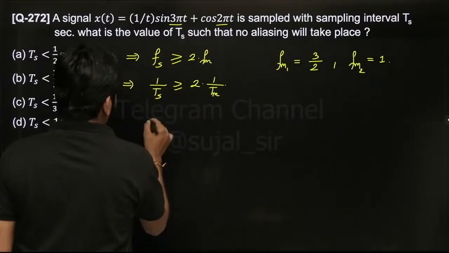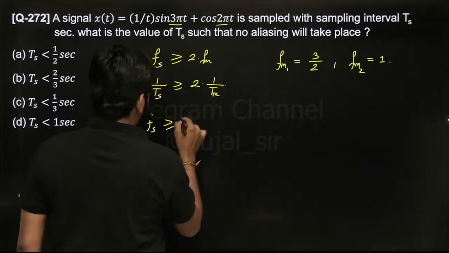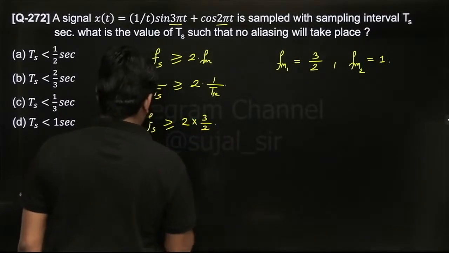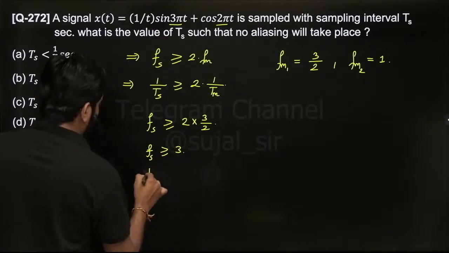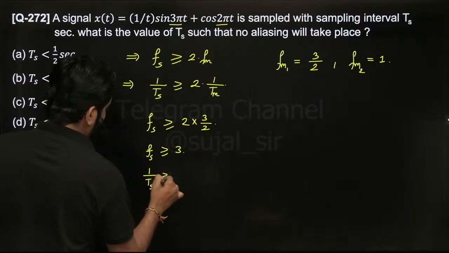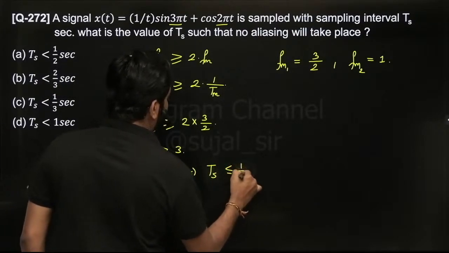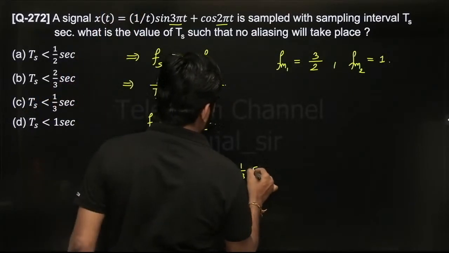So the sampling frequency should be greater than or equal to twice fm. So 2 into 3 by 2, that is fs should be greater than or equal to 3. So 1 upon Ts should be greater than or equal to 3. This implies Ts should be less than or equal to 1 by 3 second. It's an easy question, guys.